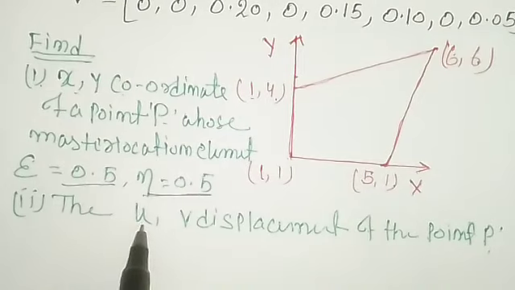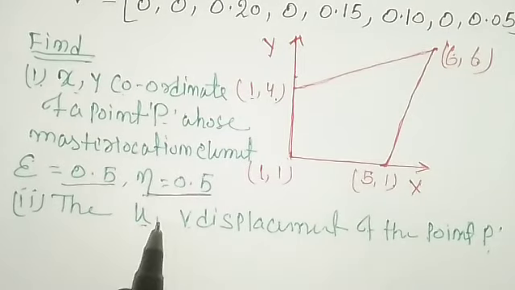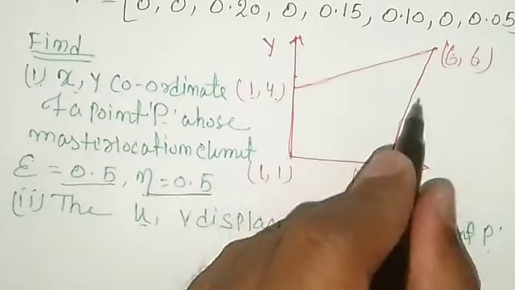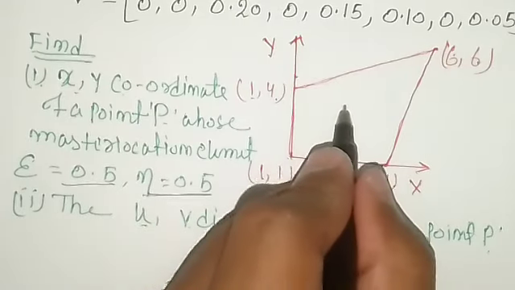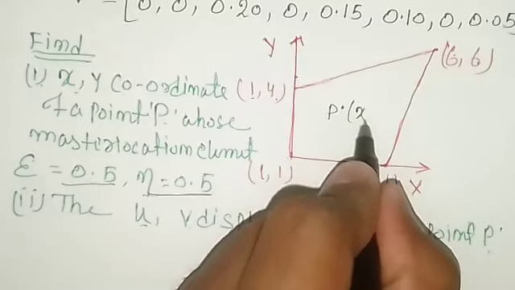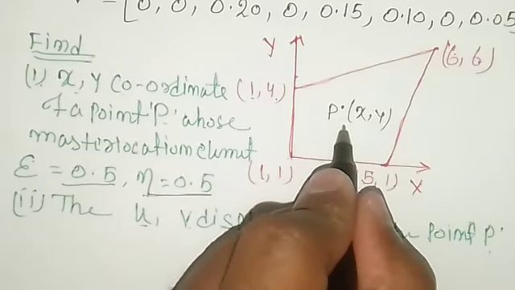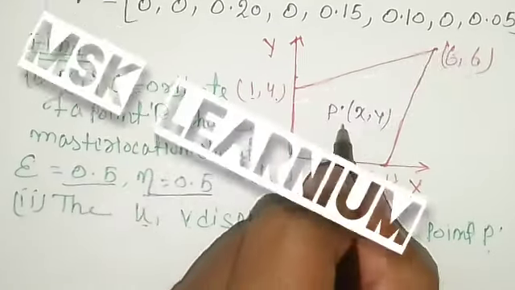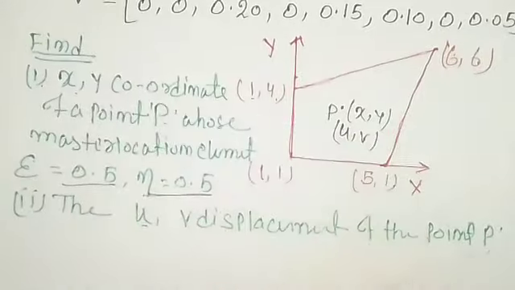Second, we have to find out the uv displacement of the point P. Let us say the point P is located anywhere in this quadrilateral shape. So here we have to find out the xy coordinate, as well as the nodal displacement, that is the uv displacement.